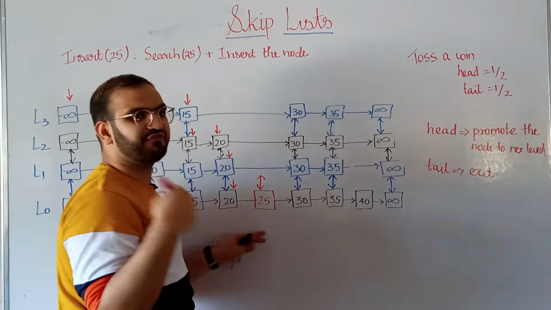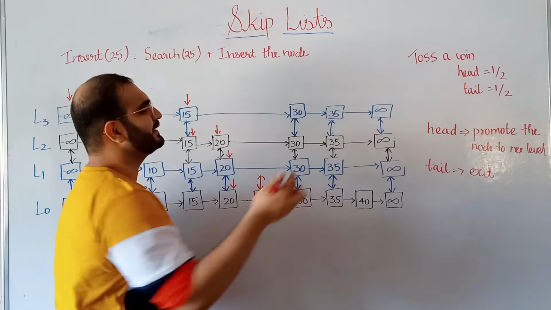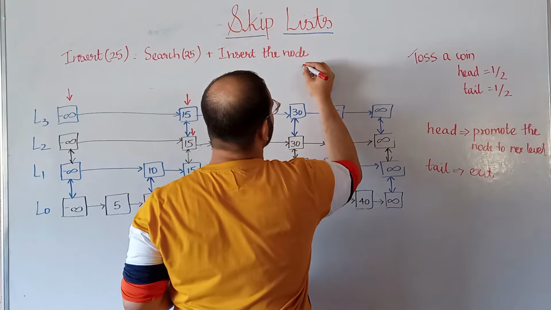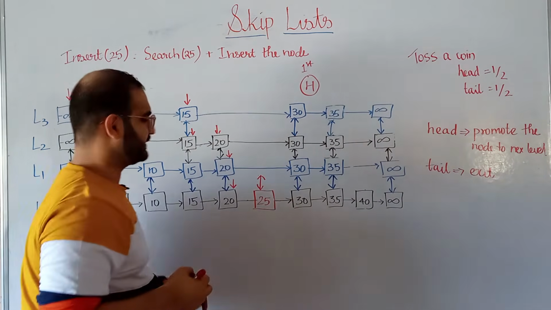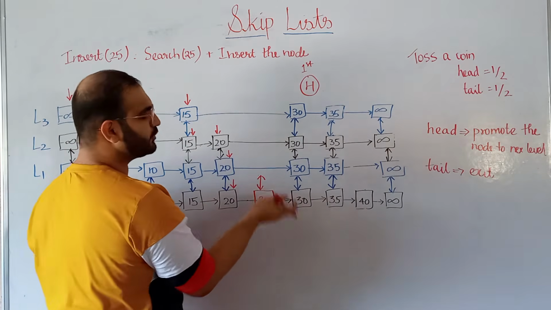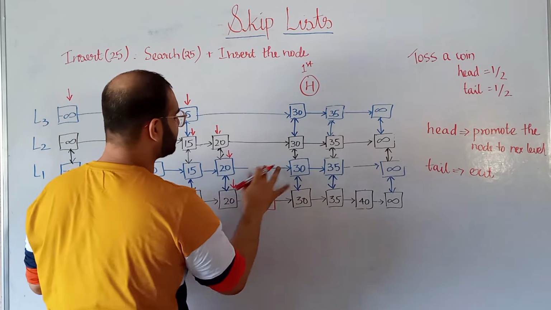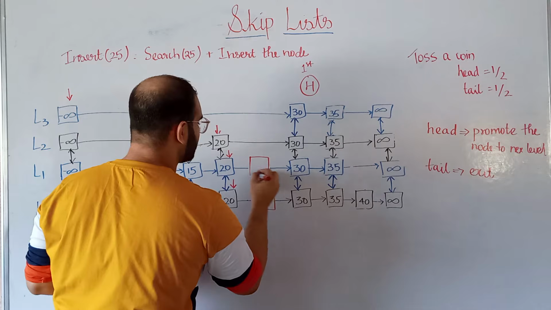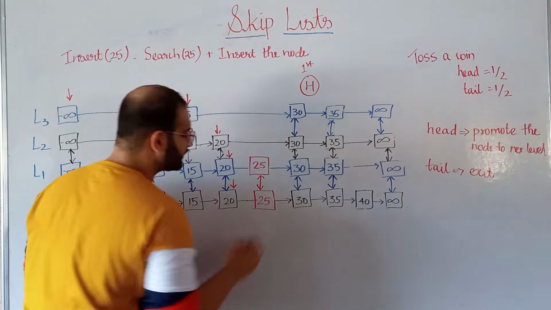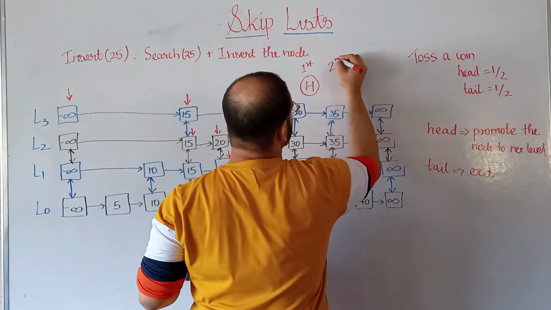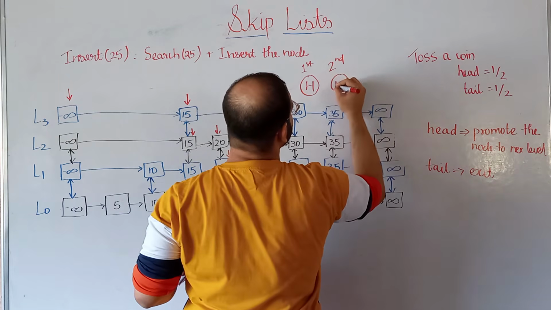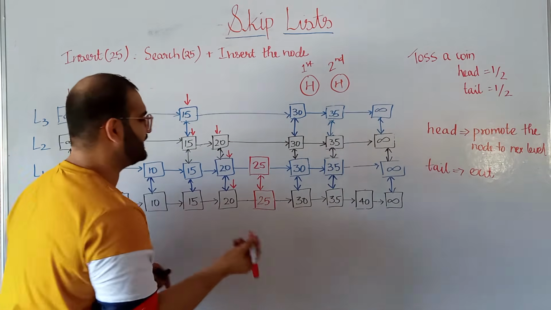So suppose when I tossed a coin for the first time, it came out to be head. In that case, I'll promote this node 25 to the next level over here. Then again I toss a coin, and again it came out to be head.